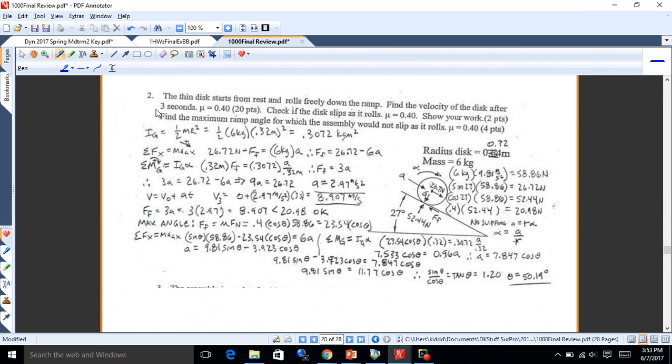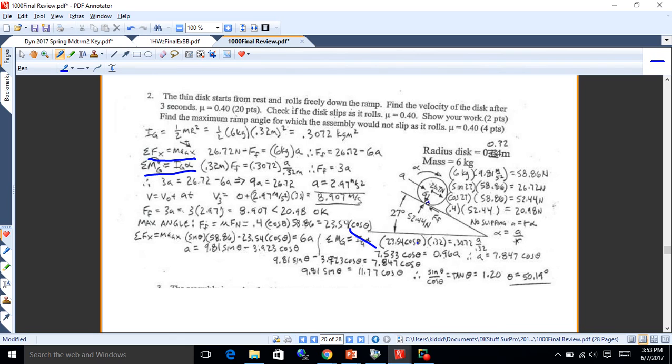Okay, then I just have a disc rolling down a ramp. So that's a free plane motion problem there. The way I approached this was just to go sum of Fx down the ramp is m a_Gx, and sum of M_G is I_G alpha. And then there's a few other things going on with this, but that's basically what I did.